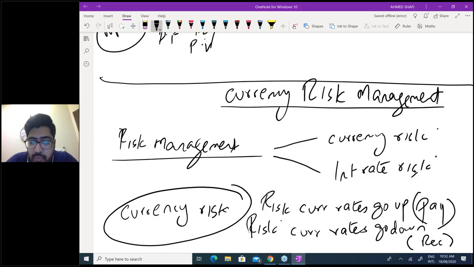Many students may have faced this risk when they want to pay their ACCA annual subscription fees or examination fees. For example, a person may plan to pay 100 GBP in examination fees next month. There's always a risk that when the payment date comes, the GBP rate goes up.